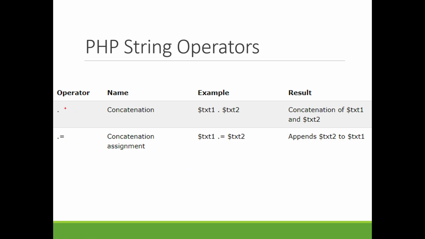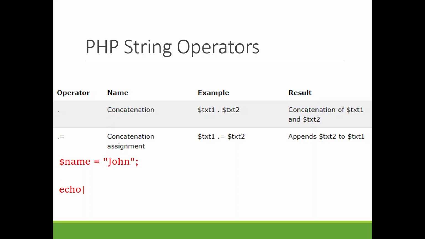Okay, and then we have some string operators. The first string operator is what you've actually used so far. I think in the practical, we used the dot operator to concatenate, that is, to join strings. So we did something like, for example, we have a variable name equals John.